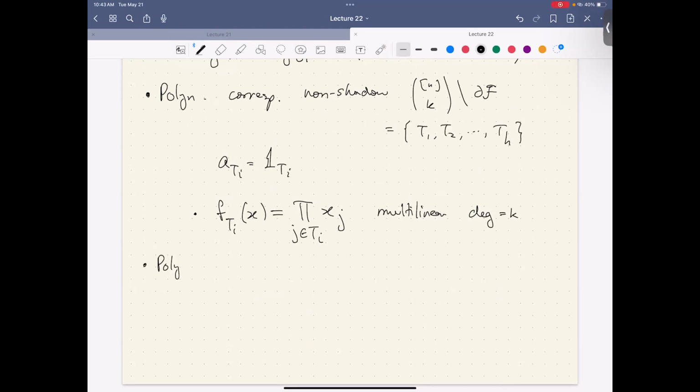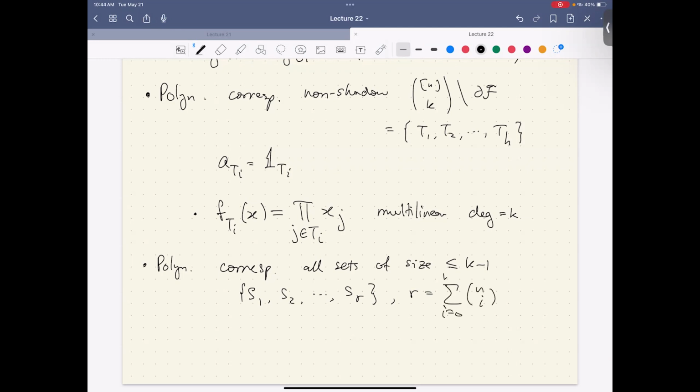Now the last one, polynomials corresponding to sets of size at most k minus 1. Let's enumerate them as S1, S2 to SR, where R equals the sum of n choose i, i goes from 0 to k minus 1, right?